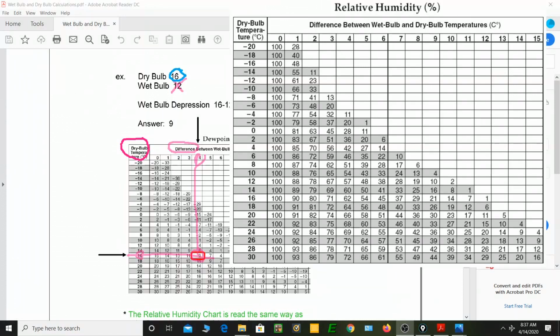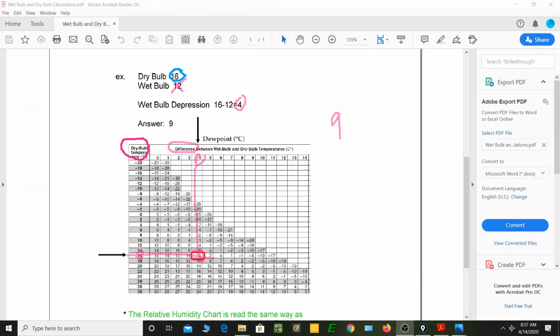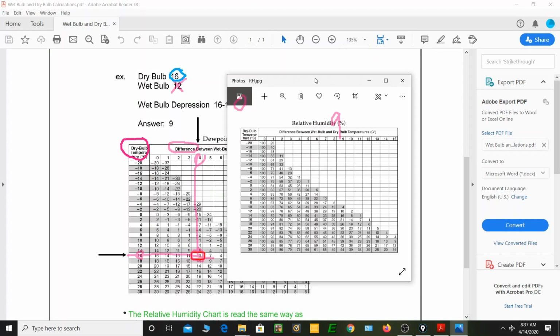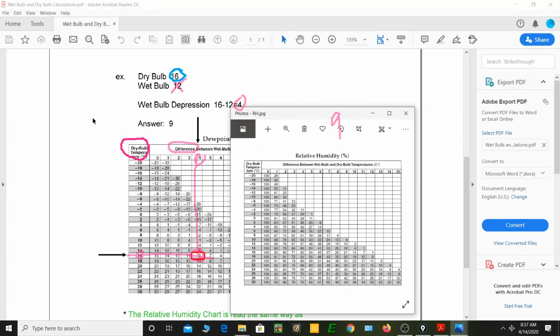So let me just show you that. We would use this chart. Let me clear this out. It would be the same exact numbers. We would go to 16 over here. We would go to 4 for the difference. You read down, read across, and what this means is the air is 62% full.